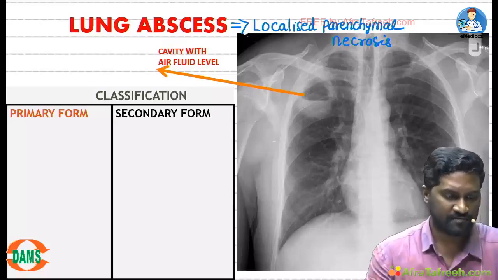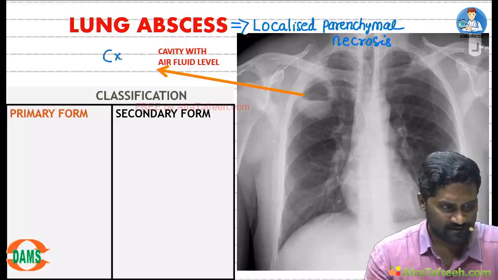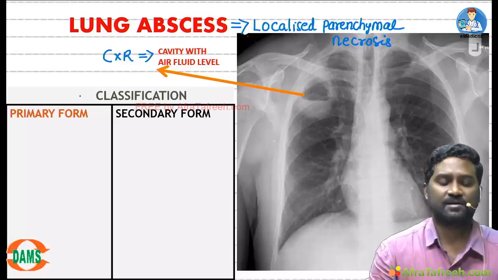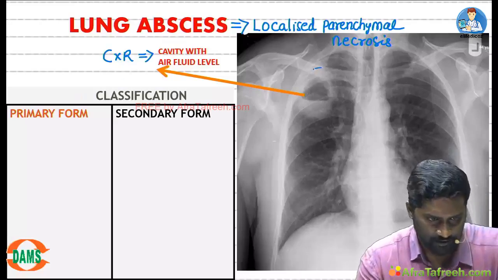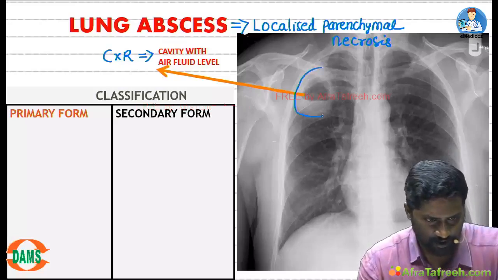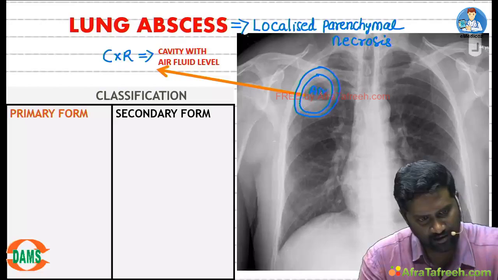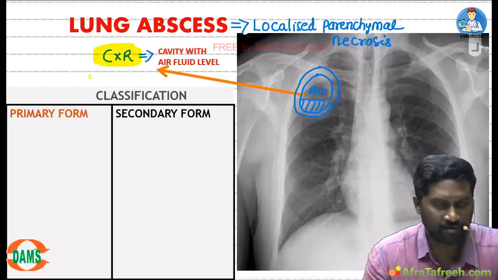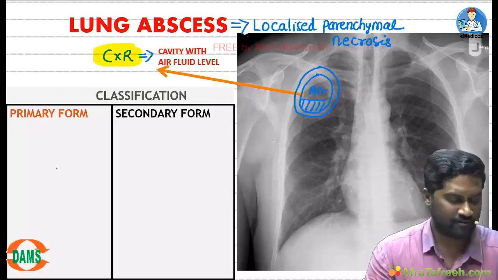That is lung abscess. And in the chest X-ray, you have to notice this cavity with air fluid level. So first thing, there will be cavity. There is air and there is also fluid. To call it as a lung abscess, chest X-ray will show cavity with air fluid level.